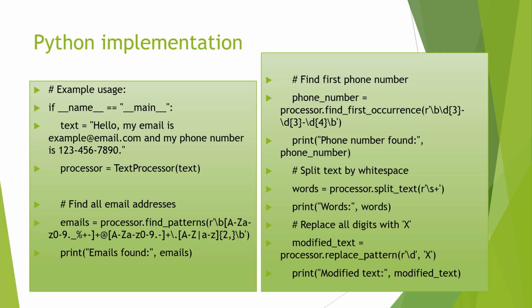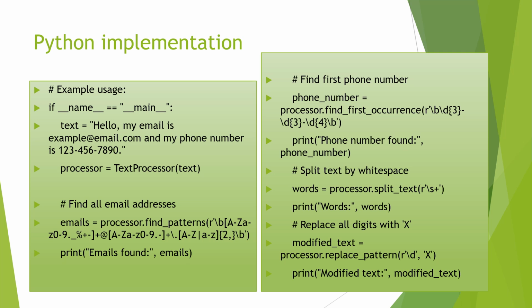Then we have a calling statement for the find_pattern user-defined function that we discussed in the previous slide. Here, the processor variable is used to invoke the find_pattern function, and we are specifying the format in which we have the email ID.